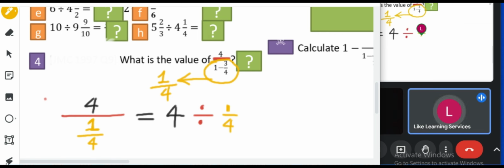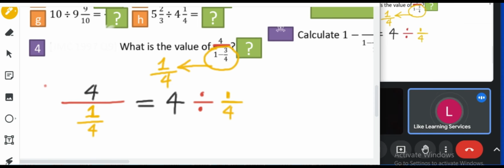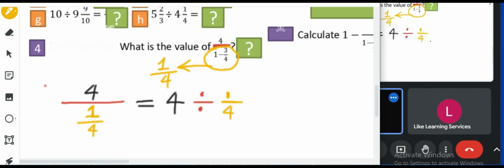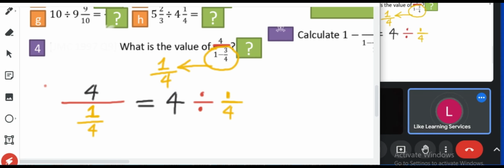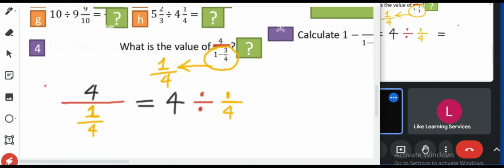Go ahead and answer it. So what does it give? I think you can just 4 times. Do it here, please, so that we don't waste space.